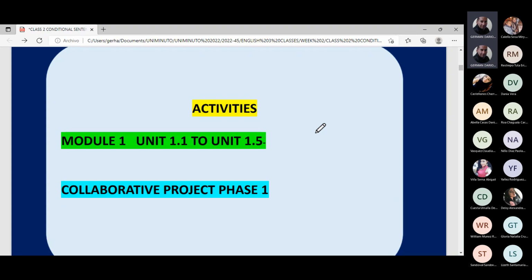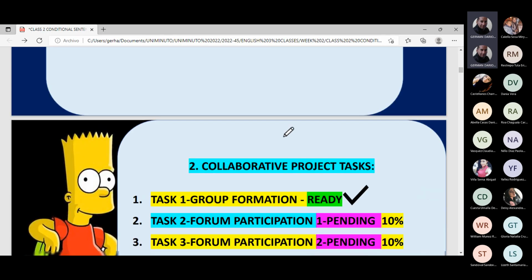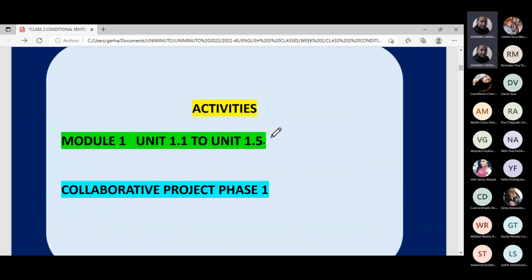We are going to develop in this term unit 1.1 to unit 1.5 and the Clotted project, phase number 1.